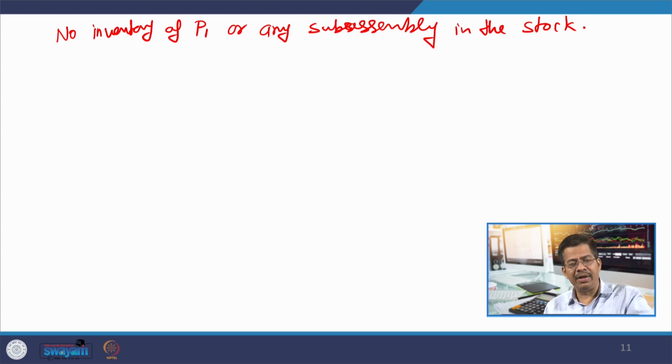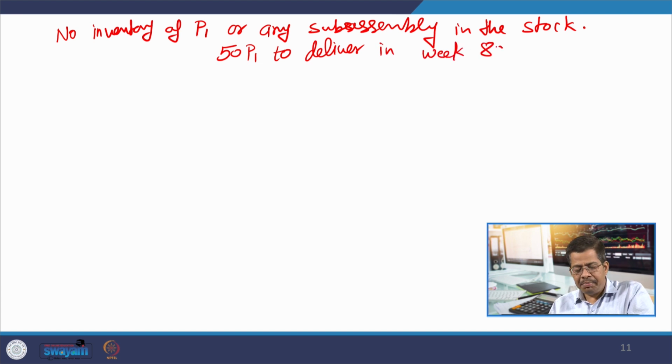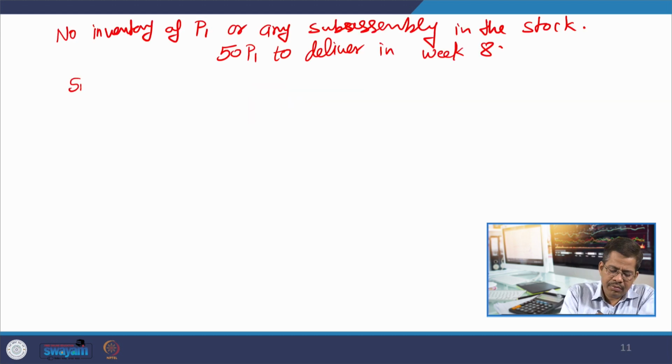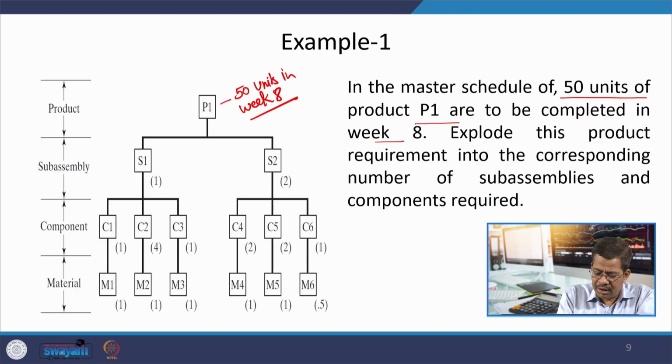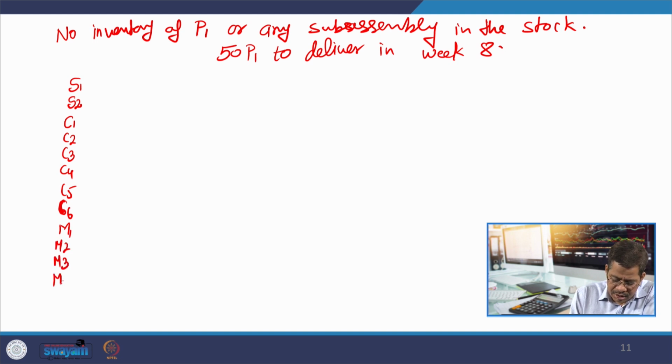There is no inventory of P1 and any sub assembly in the stock. 50 P1 to deliver in week 8. 50 P1s we need to deliver in week 8, and let us assume that there are S1, S2, then we have C1 to C6, and then we have M1, M2, M3, M4, M5, M6.